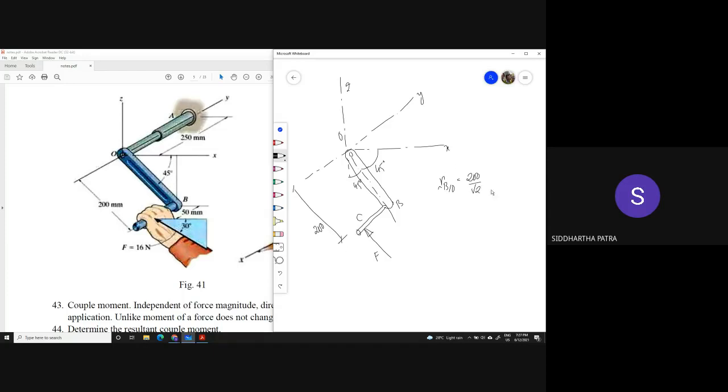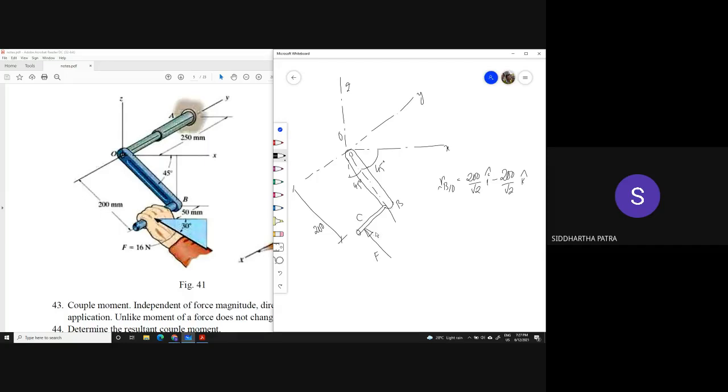So that's i minus 200 by root 2 k cap. Okay, now that is the position vector of B.